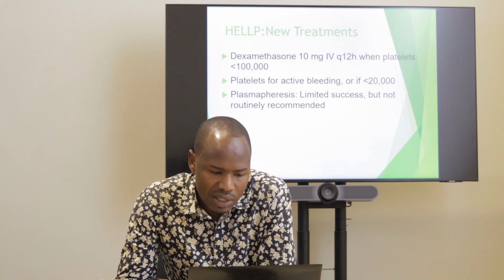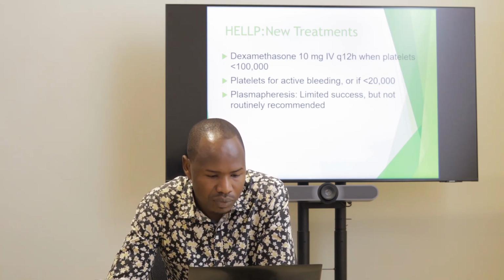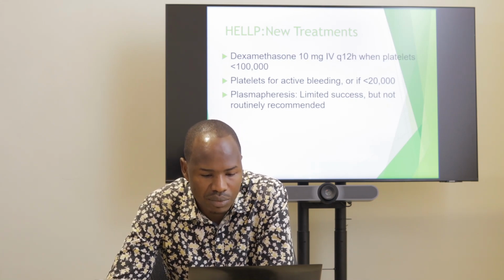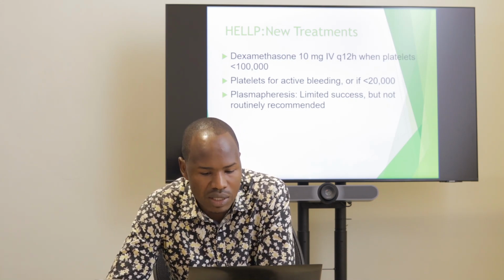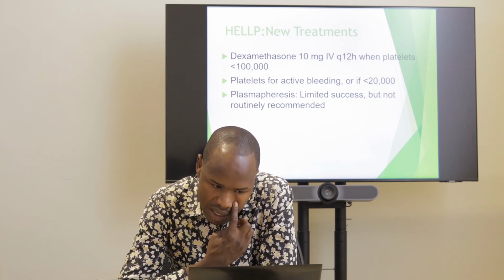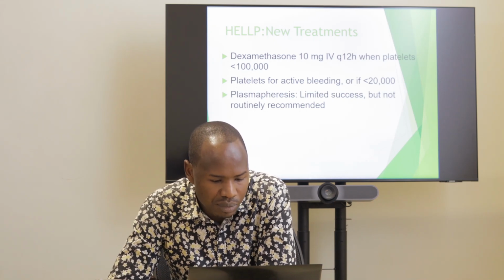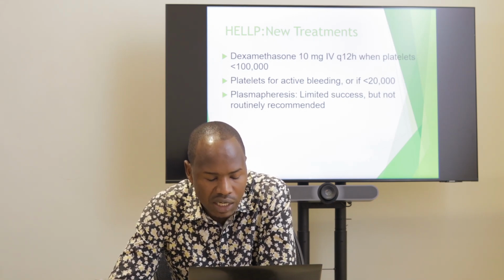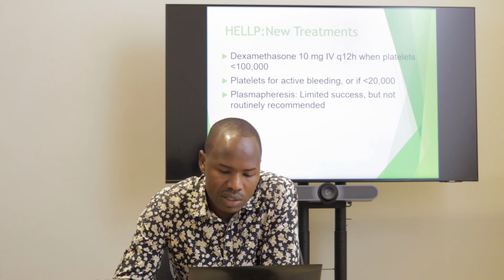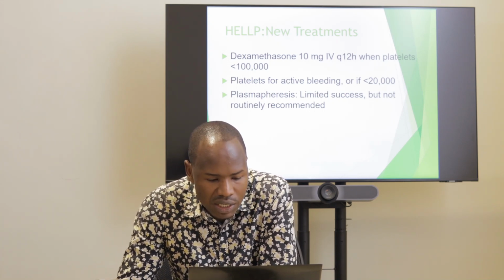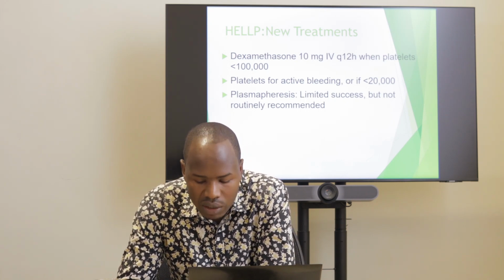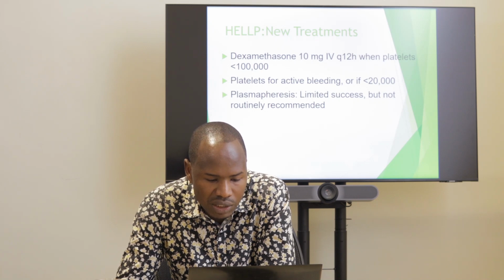There are new treatments for HELLP syndrome, which is dexamethasone, given IV 10 milligrams every 12 hours when platelets are less than 100,000, and platelets for active bleeding can be given when there is hemorrhage. It means when there is active bleeding, we give platelets to help in controlling that bleeding.